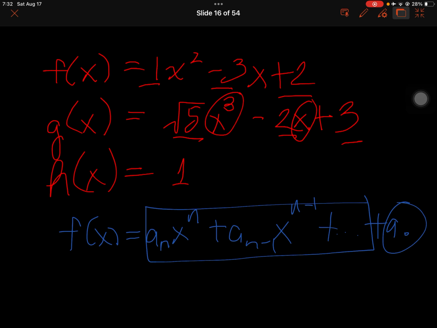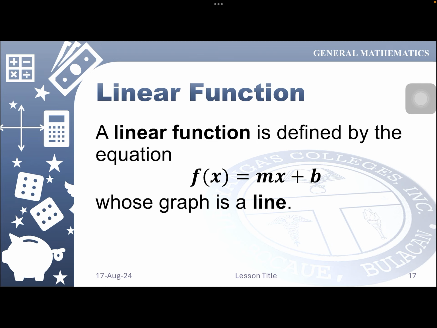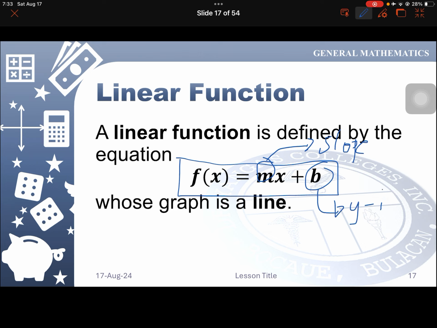Okay. So let's proceed with a linear function. A linear function is a type of a polynomial function, and it is defined by this equation. f of x is equal to mx plus b, such that m is called the slope and b is called the y-intercept.